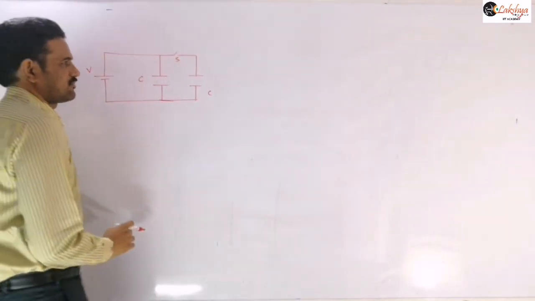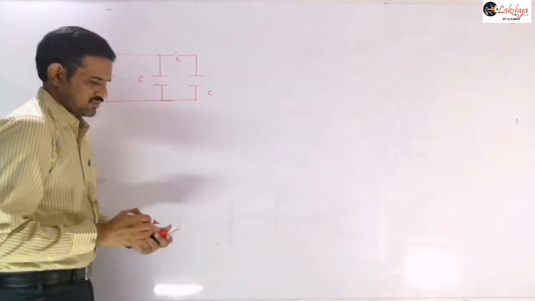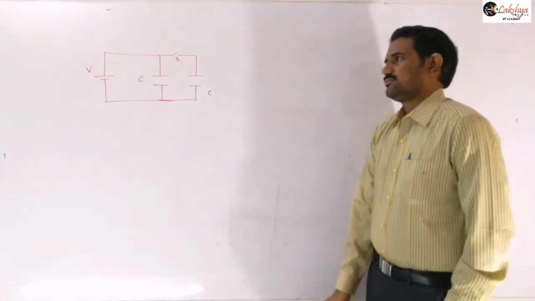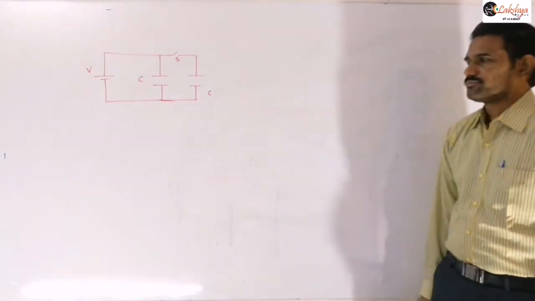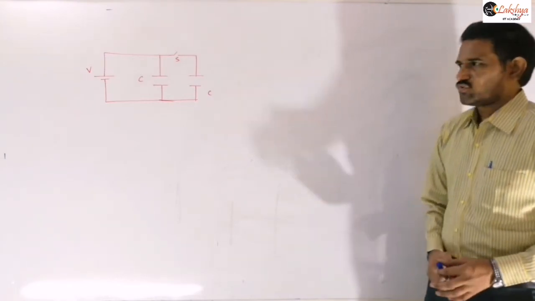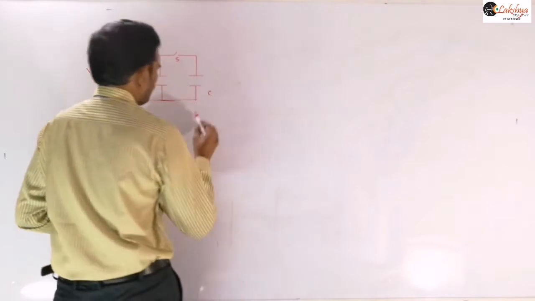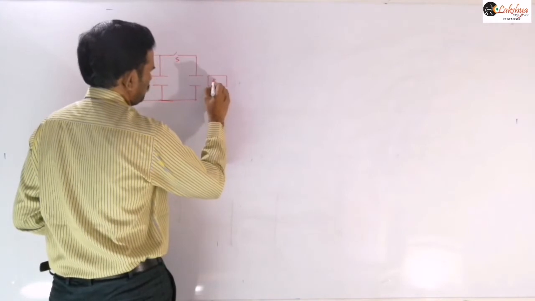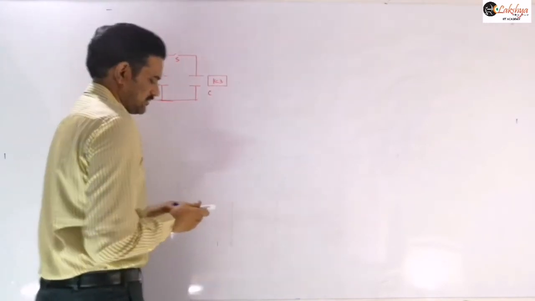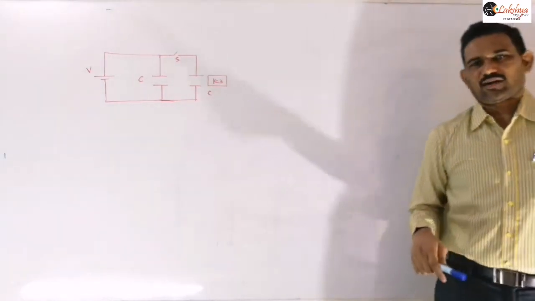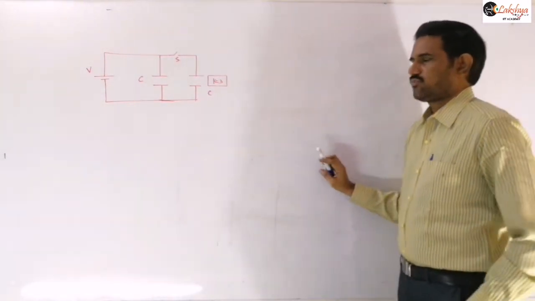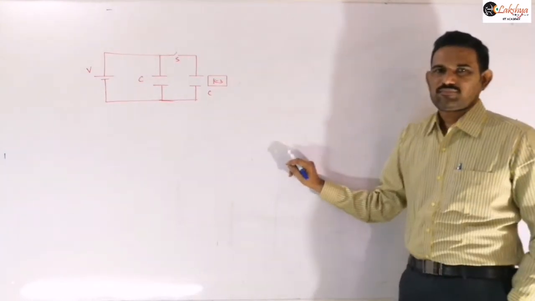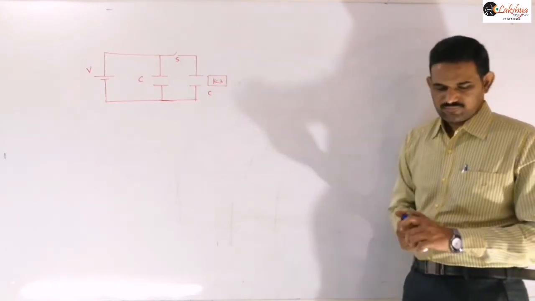Initially this S is kept closed here. So note down that question. In the circuit shown in the figure, two identical capacitors, each of capacitance C, are connected in parallel with a cell of EMF V as shown in the figure.